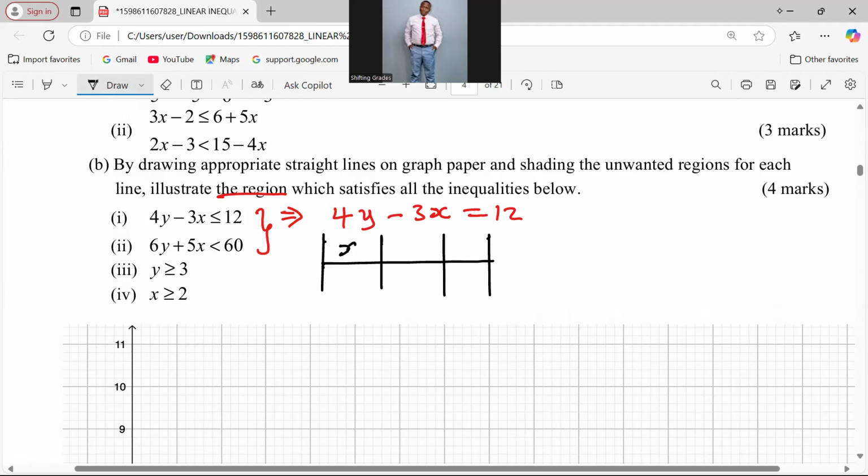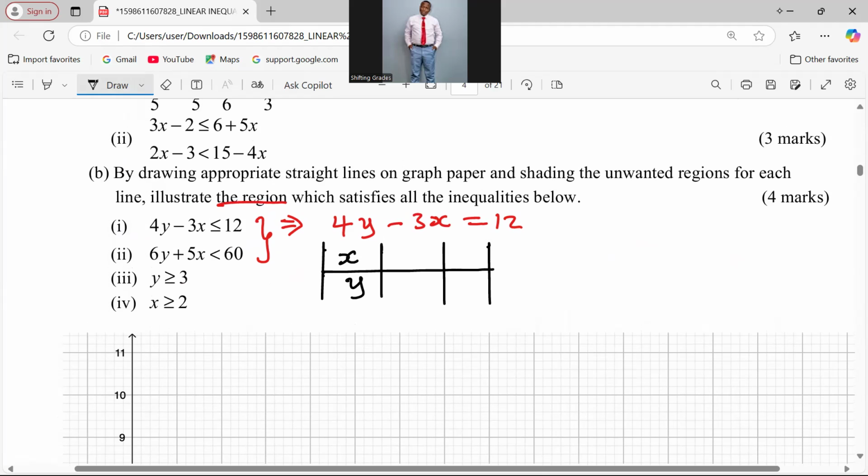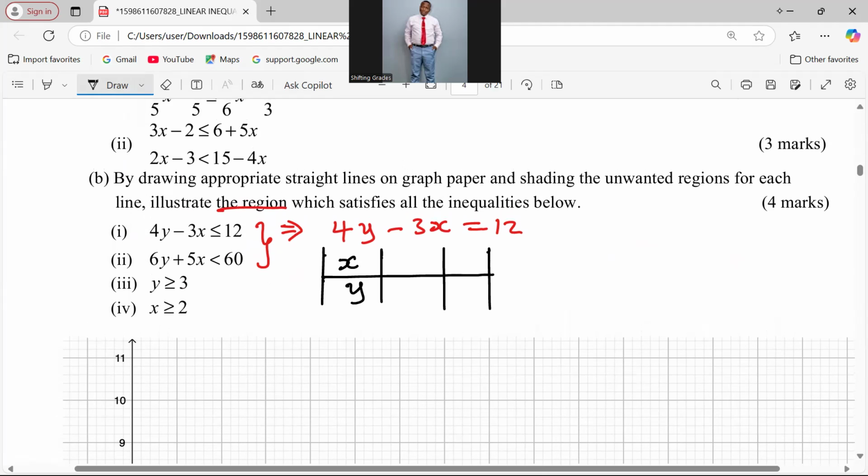Values x, y. Again, at this point, you will allow me to use the concept of what we call intercepts. Intercepts are points where a given line is cutting the y-axis and also the x-axis. Those are the points when x is 0 and also when y is 0.